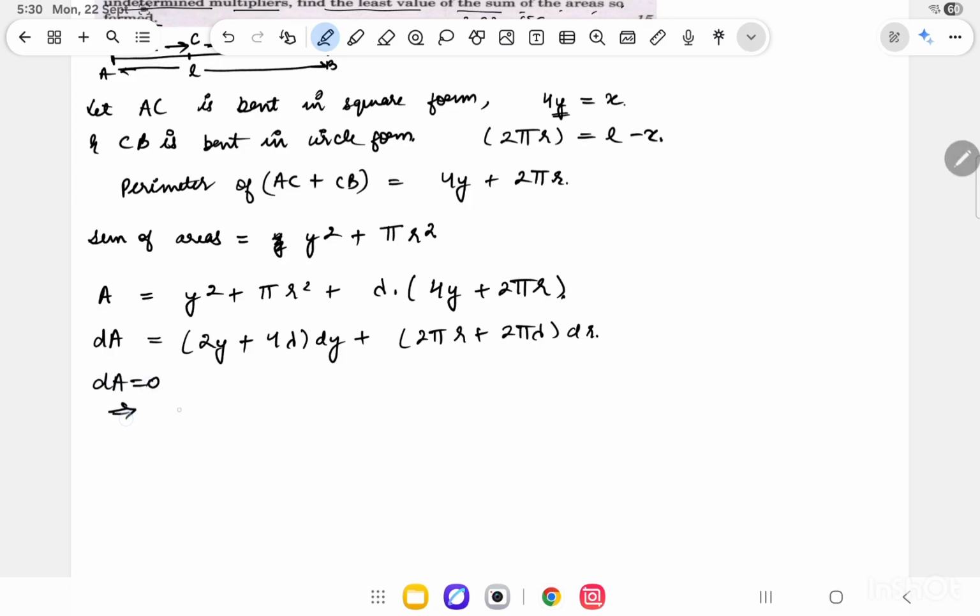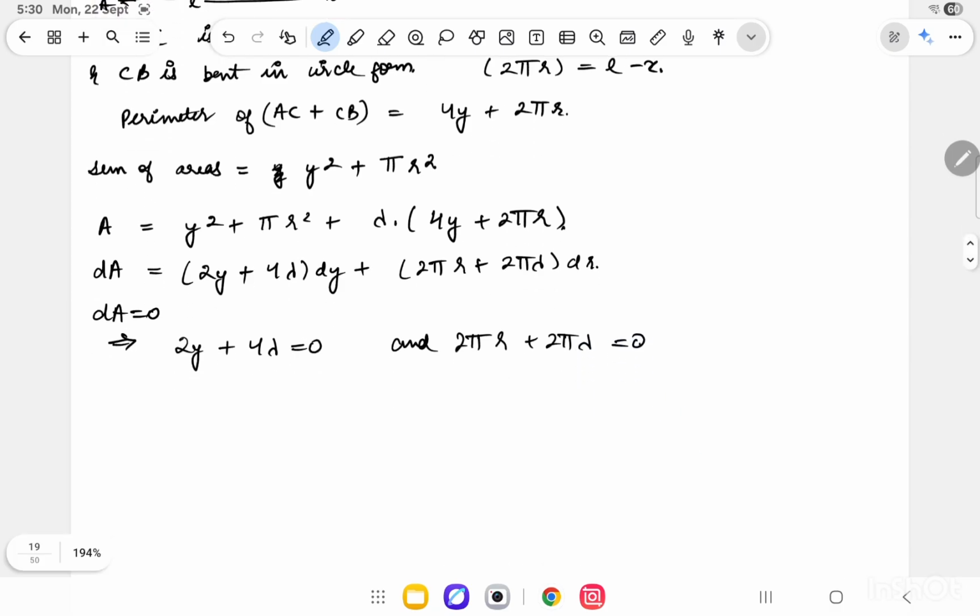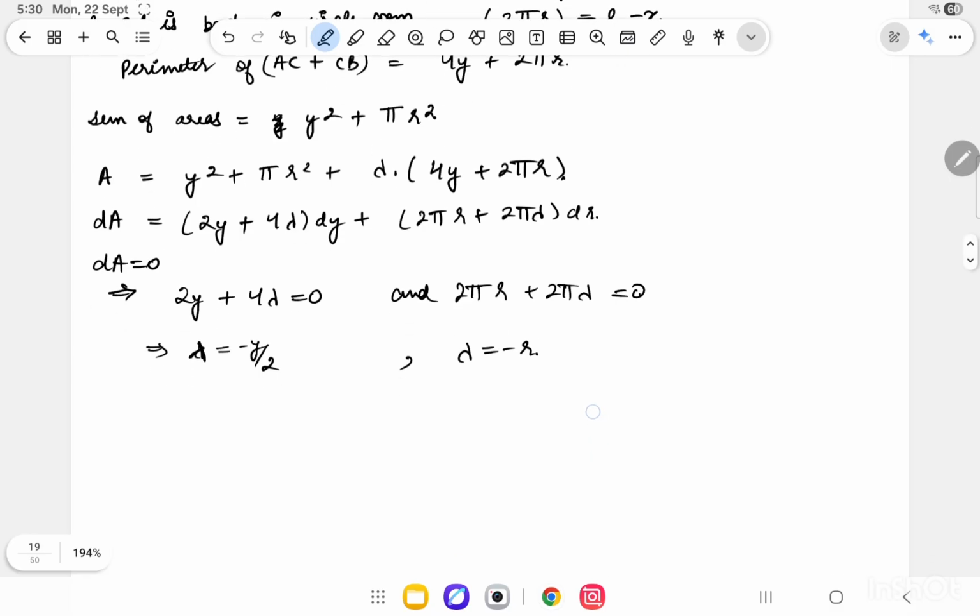So that basically gives us 2y plus 4 lambda equals 0 and 2 pi r plus 2 pi lambda equals 0. So if I simplify it, I'll get my lambda as minus y by 2, and from here I'll get my lambda as negative of r.